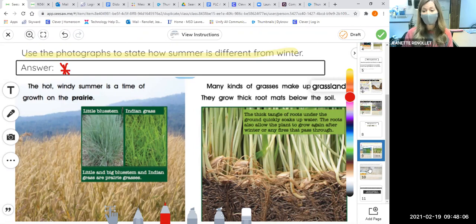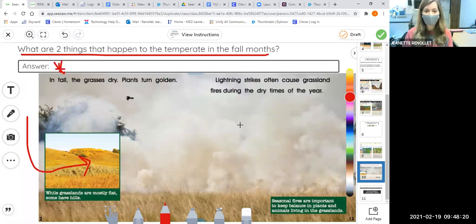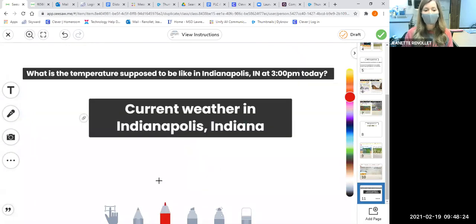You have the same skill on slide number 10. Read your text, read the question, highlight evidence in the text, and answer the question in a complete sentence. Slide number 11 is optional.